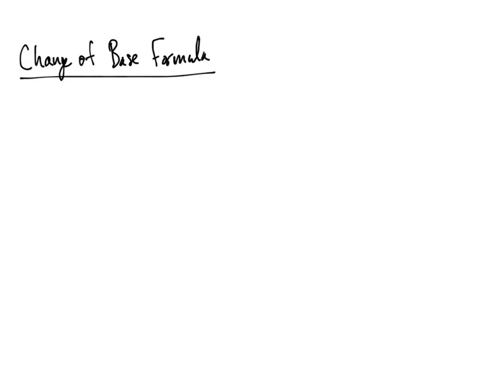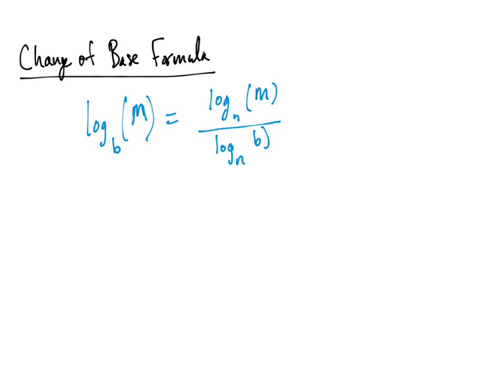The last thing for us to look at in this video is called the change of base formula. And how the change of base formula works is if we have log of some base b, say m is some value, what we can do is rewrite this as log with a new base n of the argument m in the numerator divided by log base n of b.